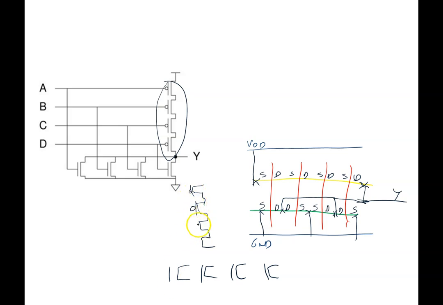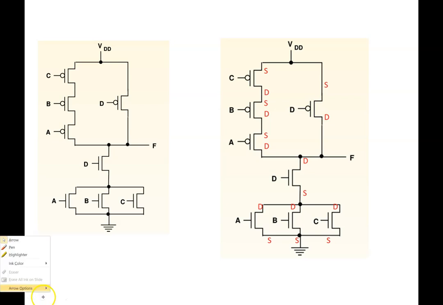So this is obviously gonna be the 4-input NOR gate. And this is the one we need the stick diagram for. And this is how the terminals should look. As you can see, outputs will always form from the drains.